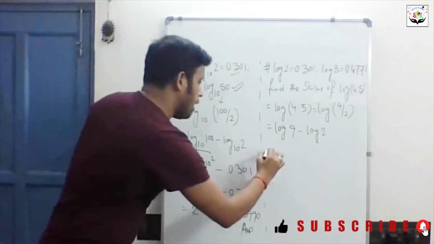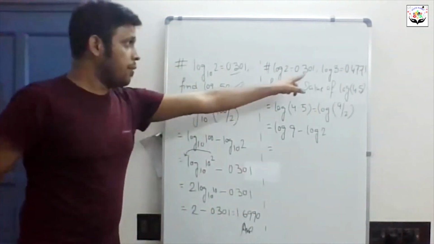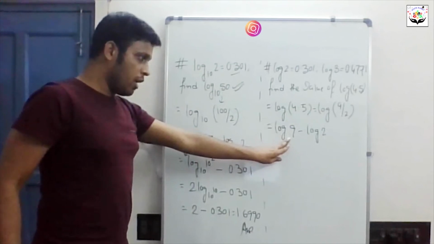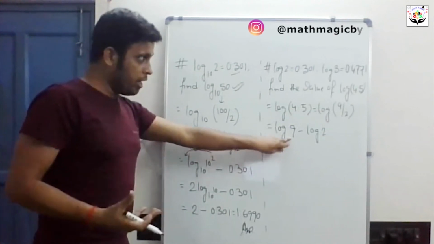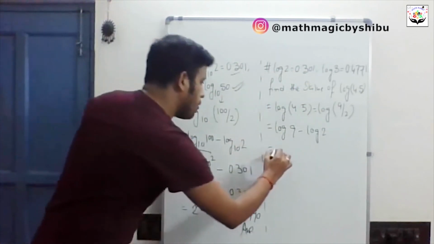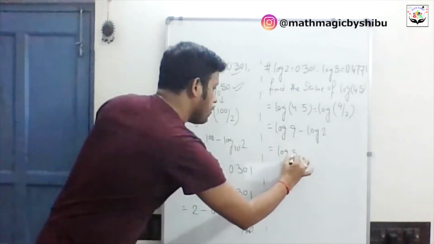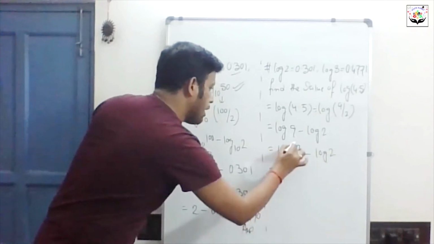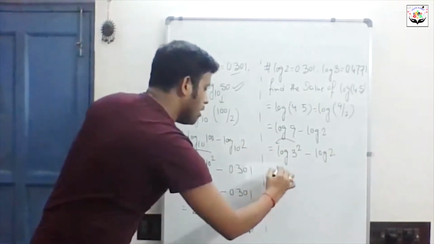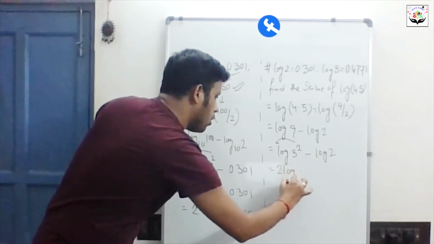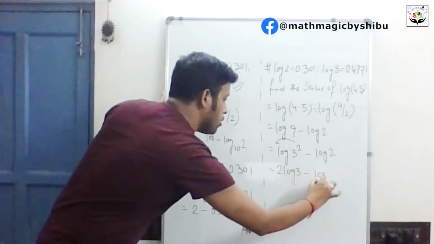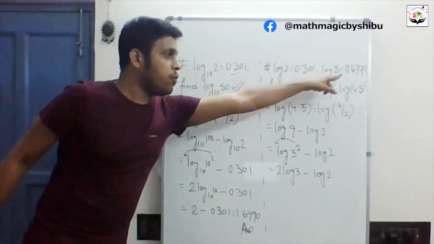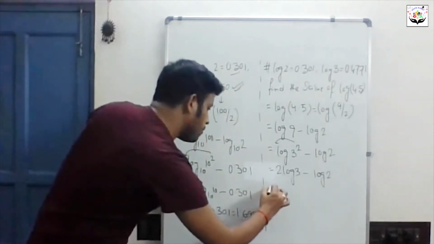Now we do not have the value of log 9, so we need to modify log 9 accordingly to log 3. So we write log of 3 square minus log of 2. We can bring this 2 into the coefficient. It will become 2 log 3 minus log 2. So log 3 is 0.4771.